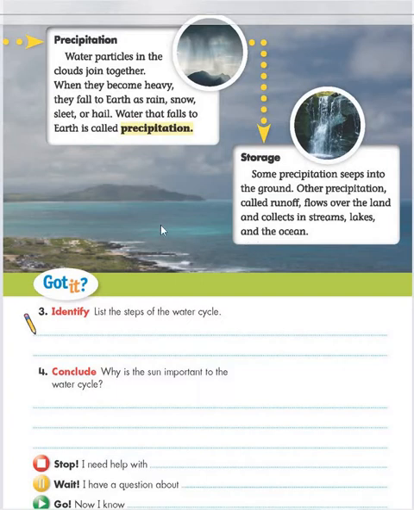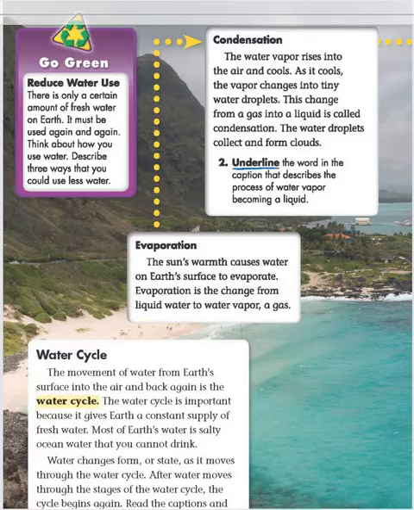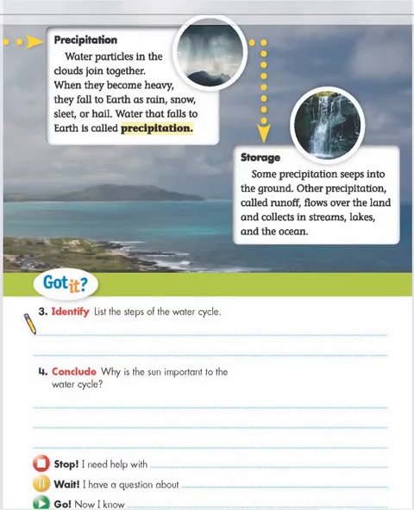Some of it can return back to the oceans and seas, and the rest can be stored underground. So this is the water cycle: evaporation, then condensation, then precipitation, and then storage.